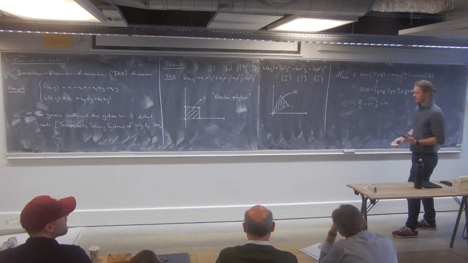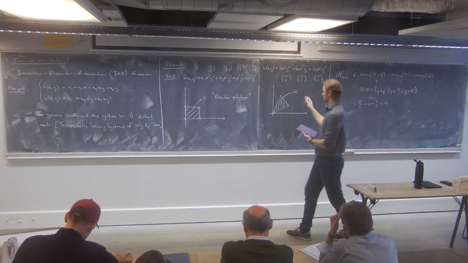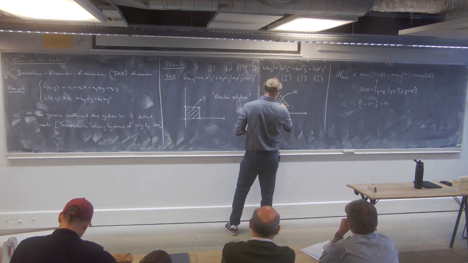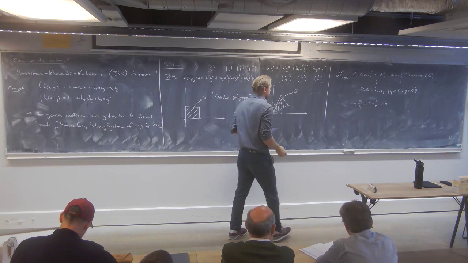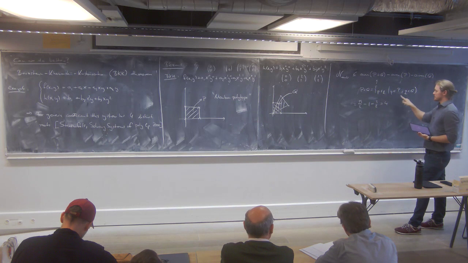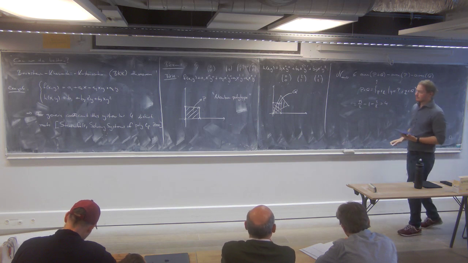Okay, let me make a picture. So this is Q, and P is somewhere here. The set description is you take any p in P and any q in Q and just add these vectors together.